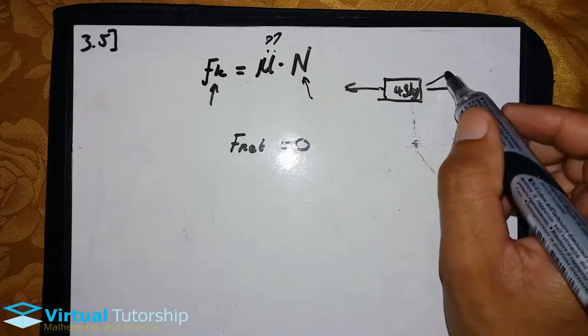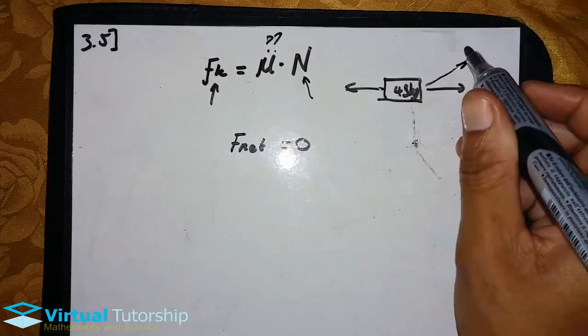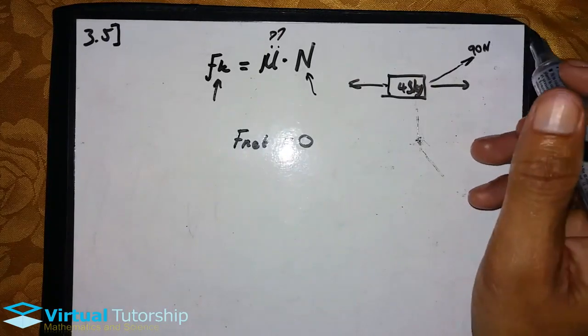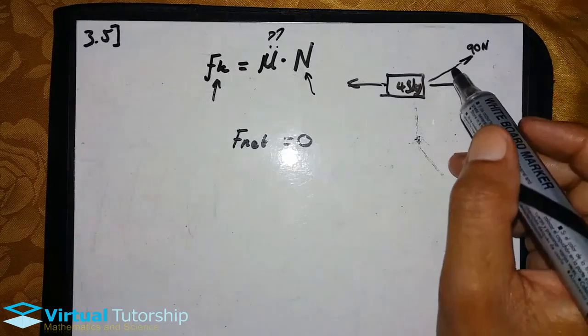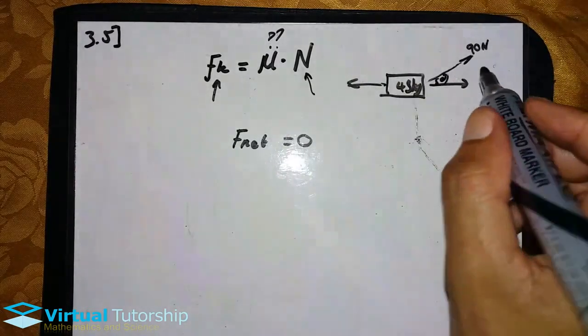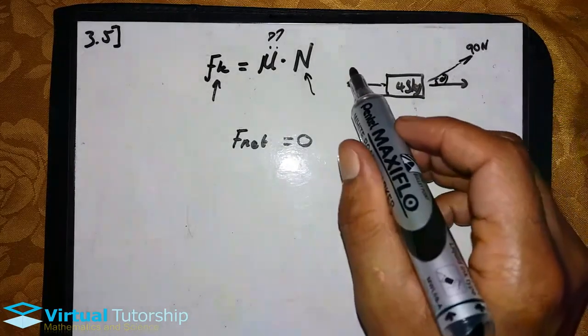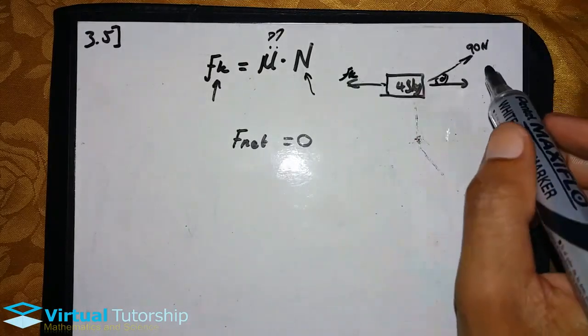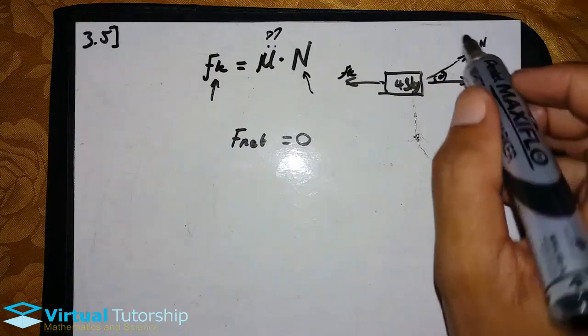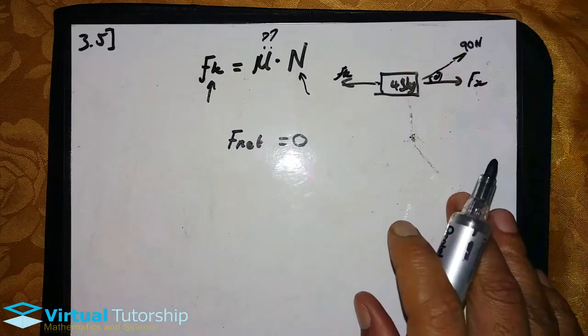But because my 90 newton force is applied at an angle of 50 degrees, horizontally I will consider only Fk and Fx, which is the horizontal component of the 90 newton force.